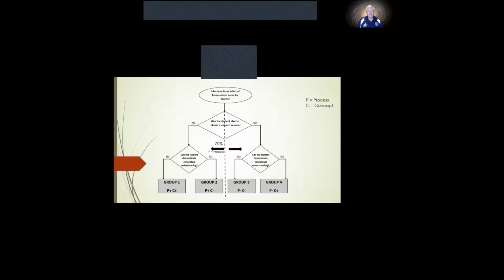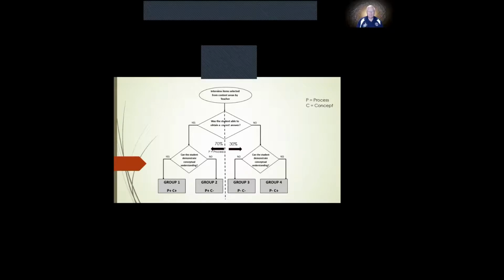Now, when we look at students on an initial pass, on their first pass through the evaluation, and we ask ourselves, were they able to get a correct answer? What typically is the case is you'll have about 70% of your students that will get a correct answer on the first pass. This is prior to any remediation or reteaching.